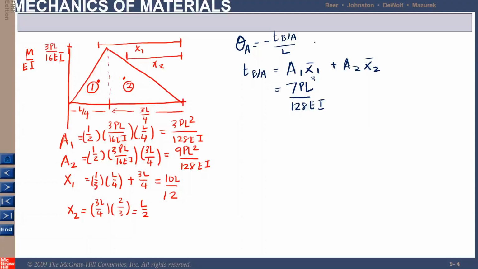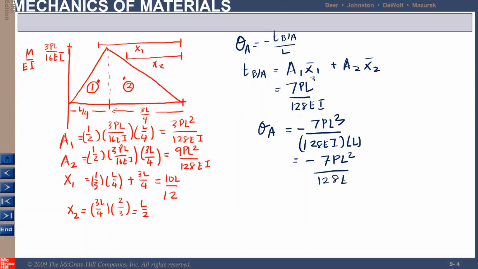So our theta A will be minus 7PL cubed over 128 EI, divided by L. So you get the final answer as 7PL square over 128 EI. That is the value of our theta A.